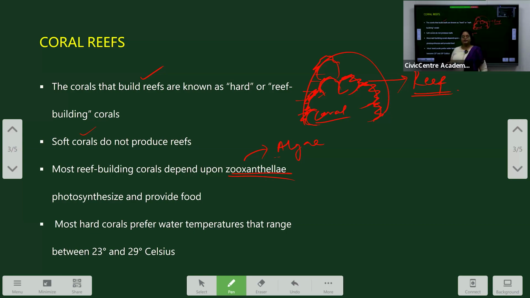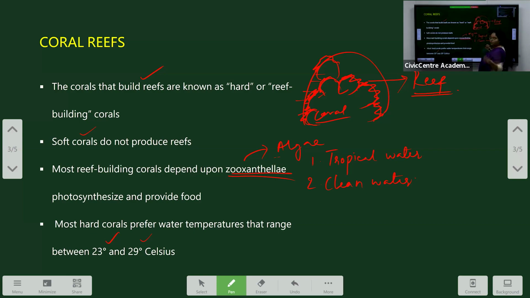Now, we need to understand that for these corals to thrive in an ecosystem, they have certain criteria. They are mostly abundant in tropical waters, where the temperature of the water is 23 to 29 degrees Celsius. And they need clean water, because the algae in the corals are food producing organisms.